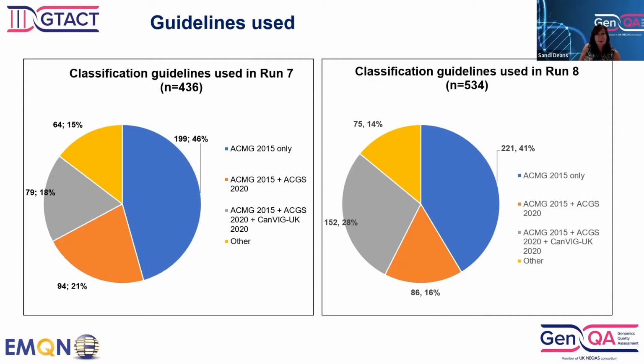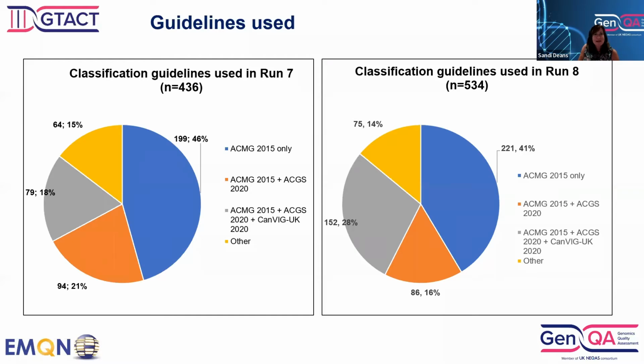We see an increase from 18% up to 28%. I think it's raising the awareness through these educational webinars and the guidance webinar that we produced earlier this year and last year, that people are becoming more aware of more resources and guidance that they can use and adapt, particularly for the HRR genes and BRCA1 and BRCA2. So I think it's really good evidence that people are changing their practice and hopefully learning from that.